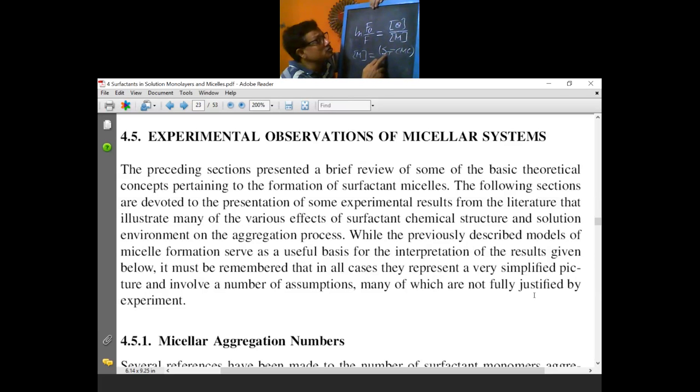Total surfactant concentration minus critical micelle concentration, because this amount of surfactant remains free in the solution as monomer. Now if you divide it by its aggregation number, then you get the micellar concentration.